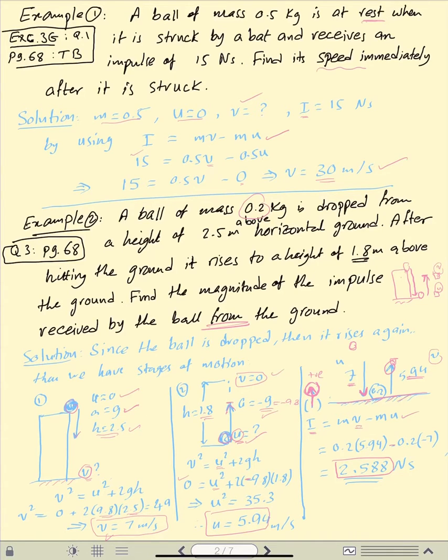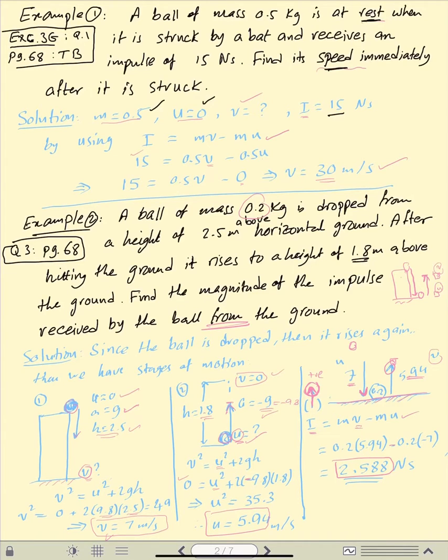The most important step, as we said, is to write the given information in mechanics. You are given m is half, u is 0 since it's at rest, v is what we want, and the impulse is 15 Newton seconds.